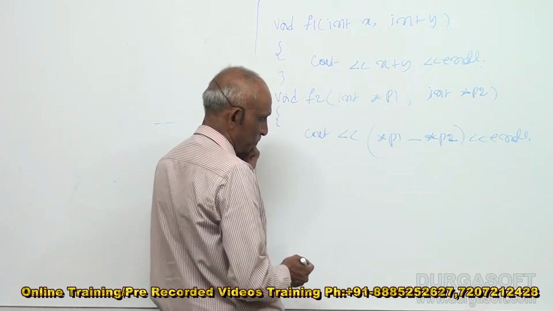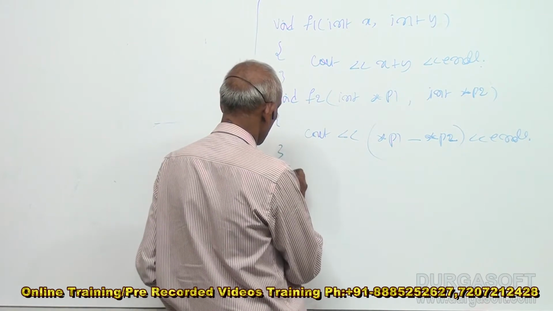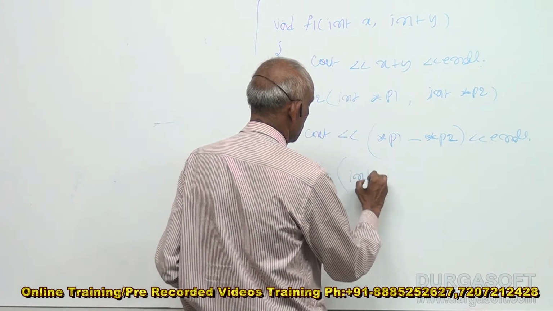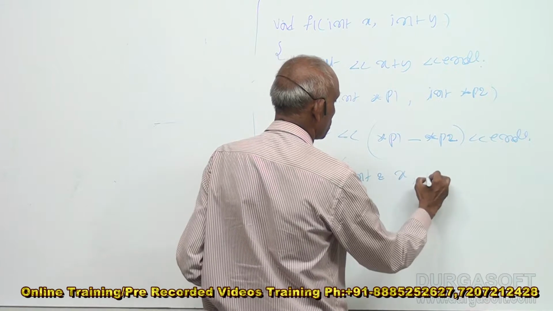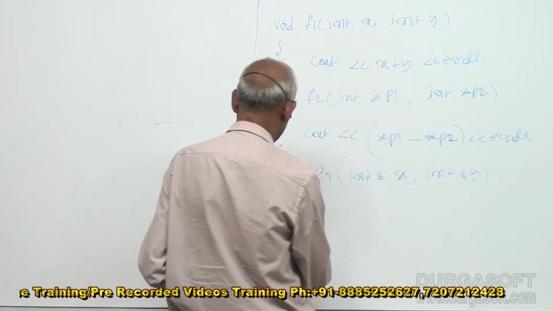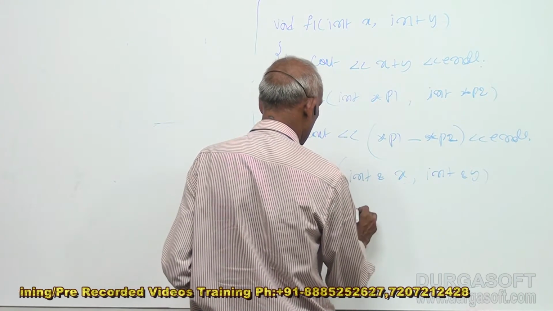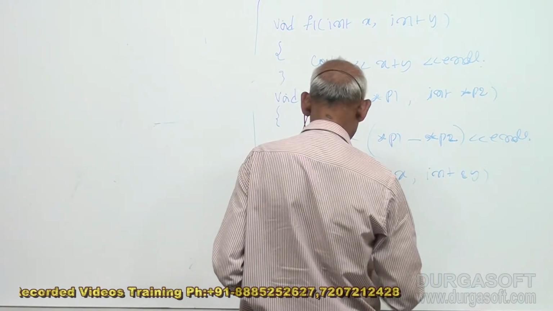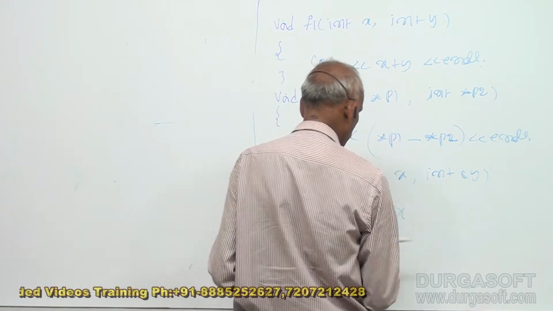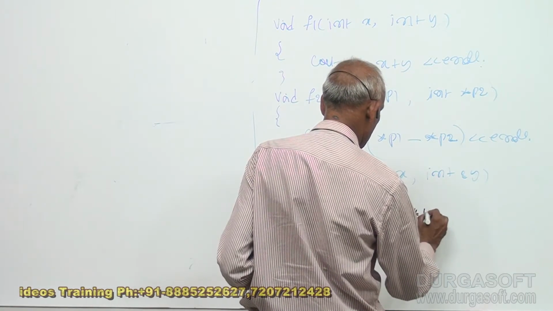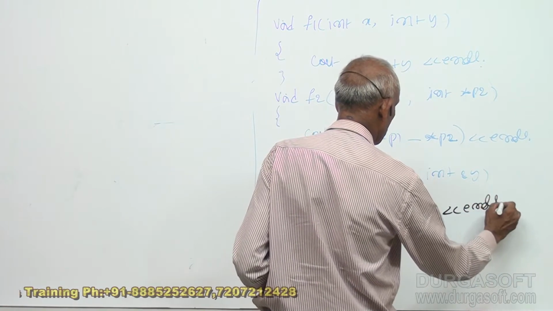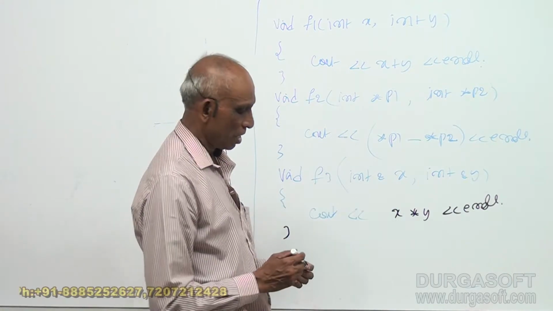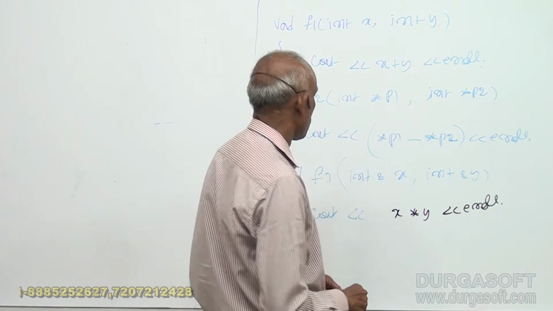The third way is f3, with references: int reference x, int reference y. cout, not star x, directly reference x and y, x star y endl. With integers or references you can use x and y directly, whereas with pointers you have to use star p1, star p2.